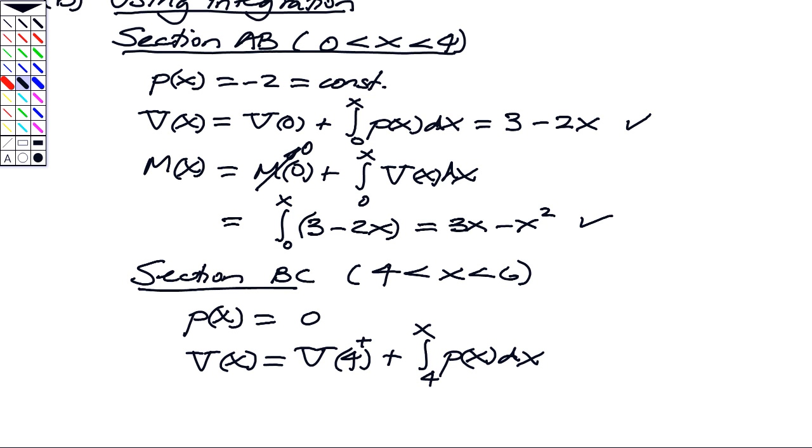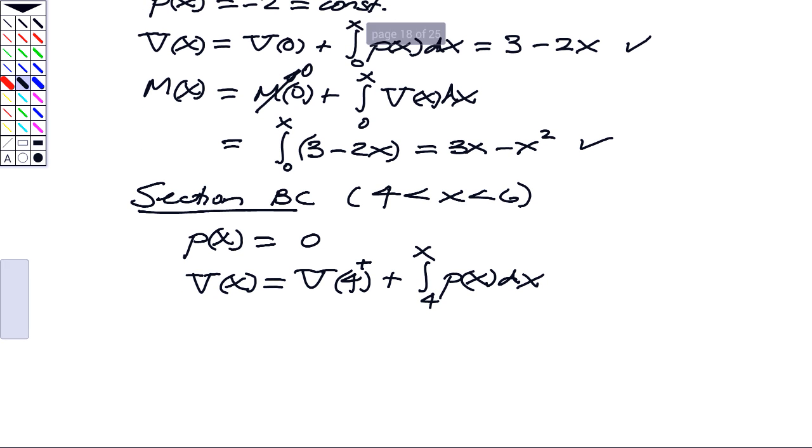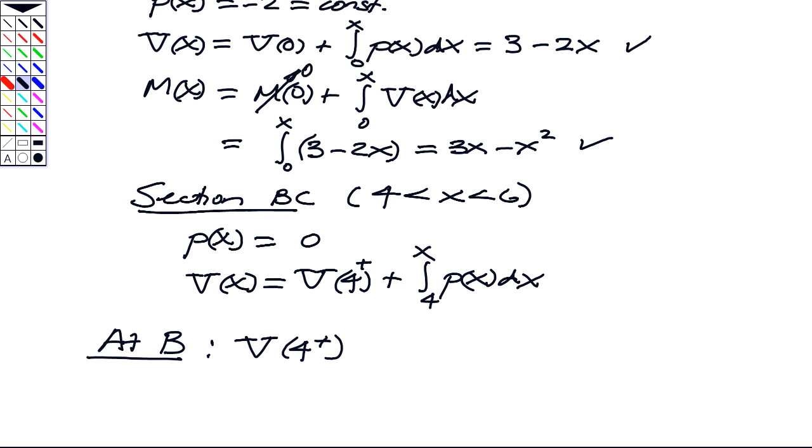So what I really need to do is do an aside here and say that at B I have to take into account this jump. That is, the shear force just to the right of 4 is equal to the shear force just to the left of that position plus By. This is our rule that we had whenever we have a concentrated force.